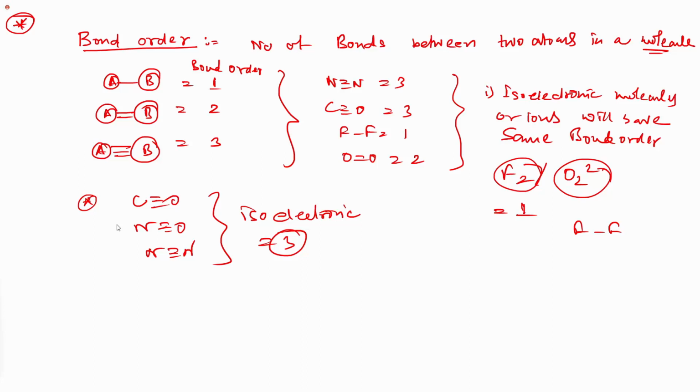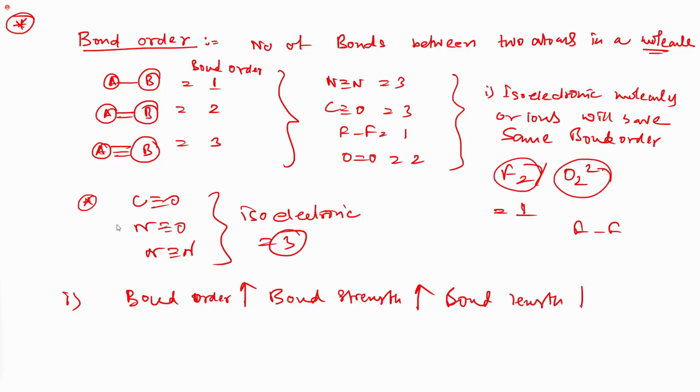Otherwise, the bond order is the number of bonds between the two atoms involved in making a molecule. There are some more points you can know from the bond order value. When the bond order is increasing, that means bond strength is increasing. And when bond strength is increasing, bond length is decreasing.